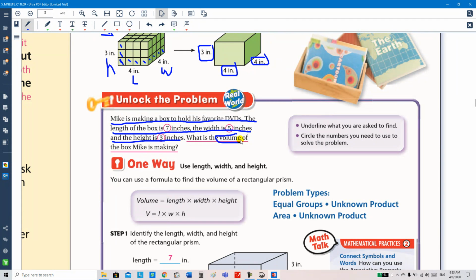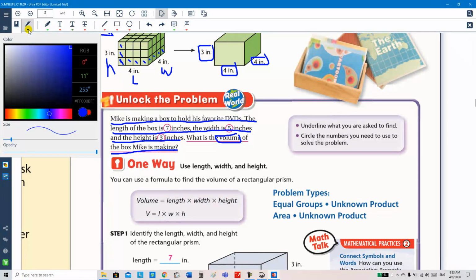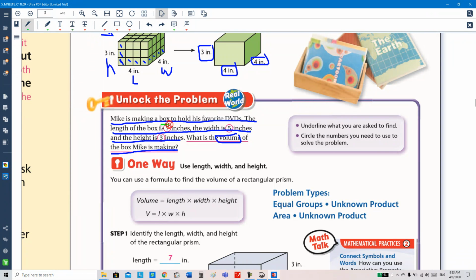So he is asking here about the volume of the box Mike is making. We have 3 numbers here: 7 for length, 5 for width, and 3 for height.